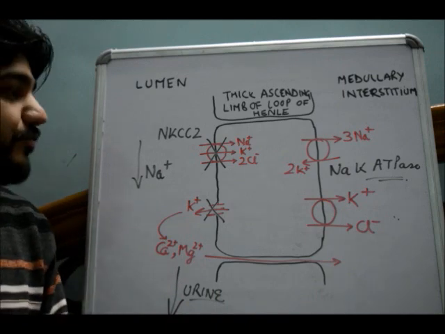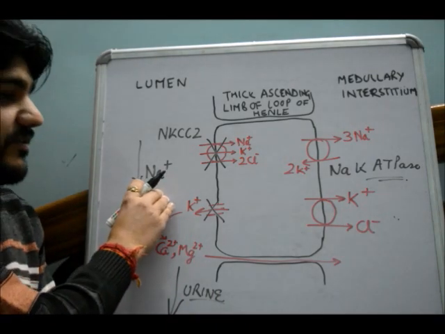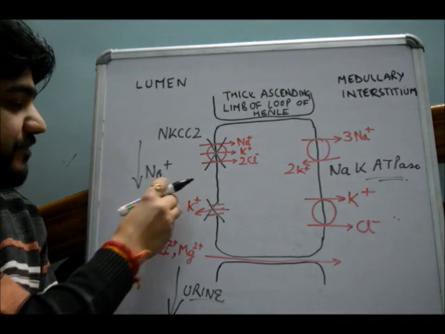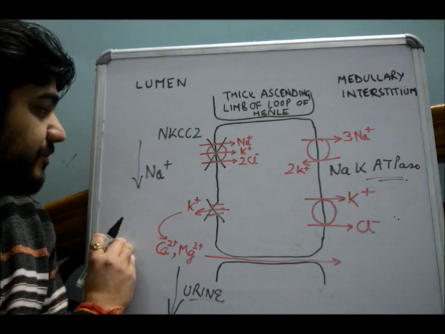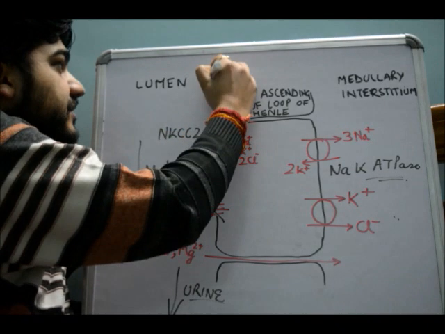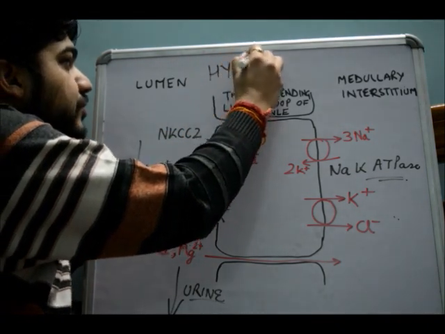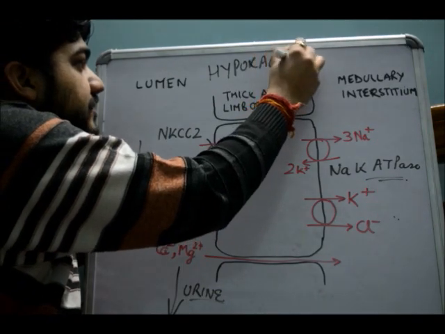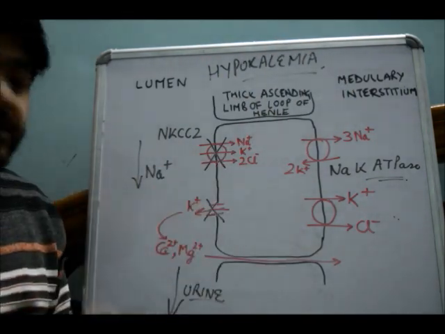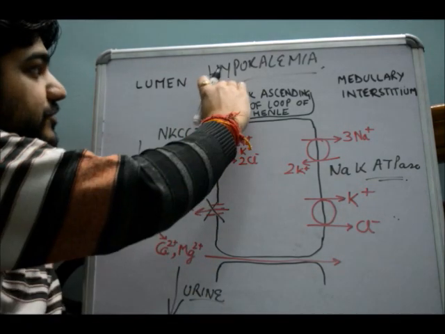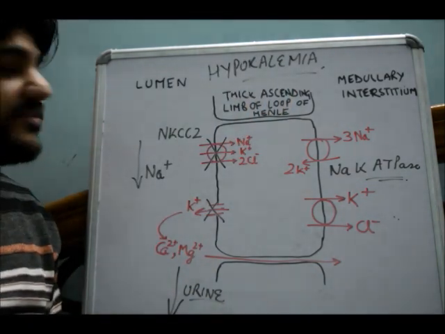Since a lot of sodium is presented, a lot of potassium and a lot of hydrogen will be coming out. So two things can happen. One is hypokalemia, because the potassium content will be lost, leading to a decrease in potassium.